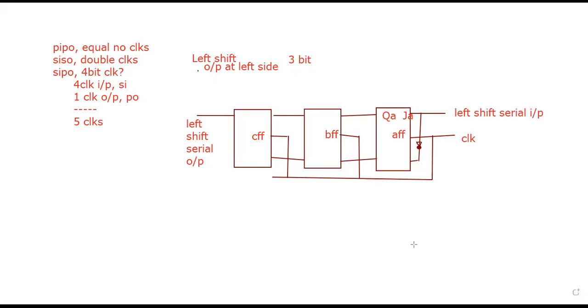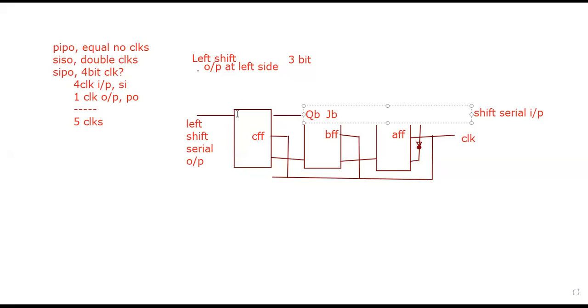But in left shift, we have to write our flip-flop in reverse manner. We are habitual to write J over here and Q here, but in this case we have to write in a reverse manner. So you should be careful. Here it would be QB and here JB.